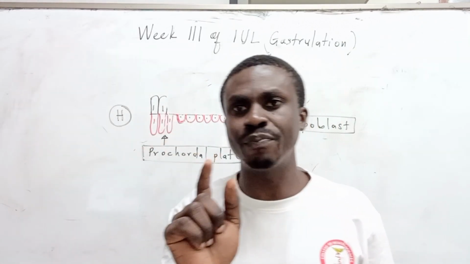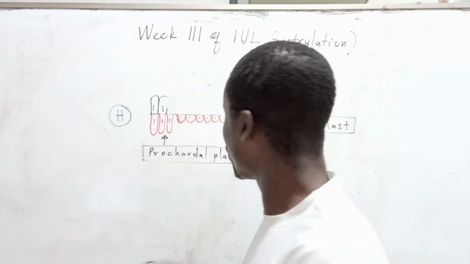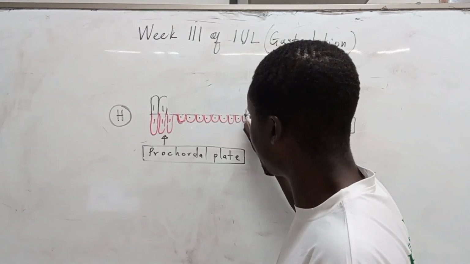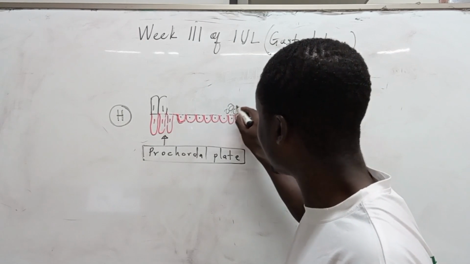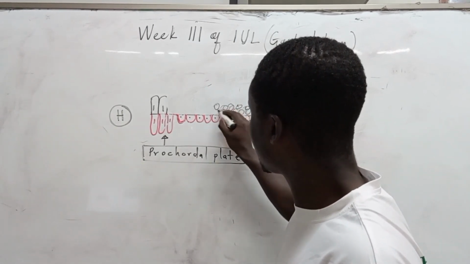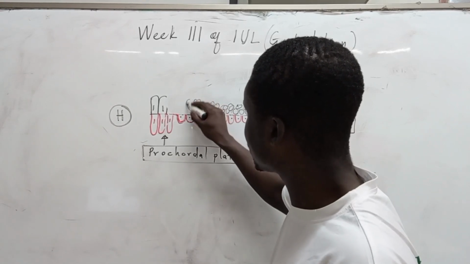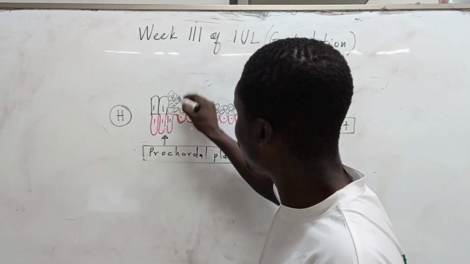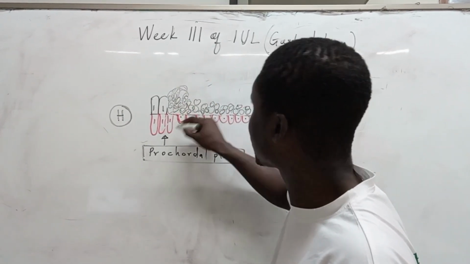So we see some population of cells of the epiblast proliferating rapidly and going in the midline towards the cranial end, so that at the cranial end they will form some kind of nodular mass over here.